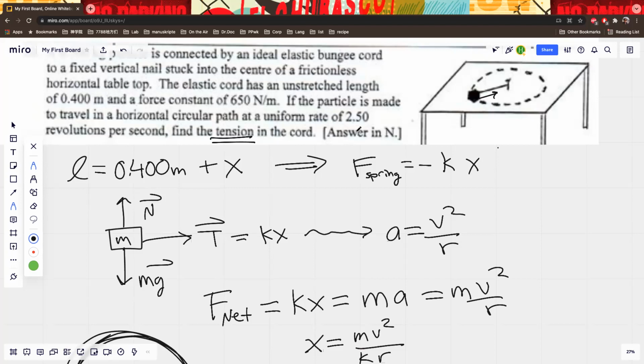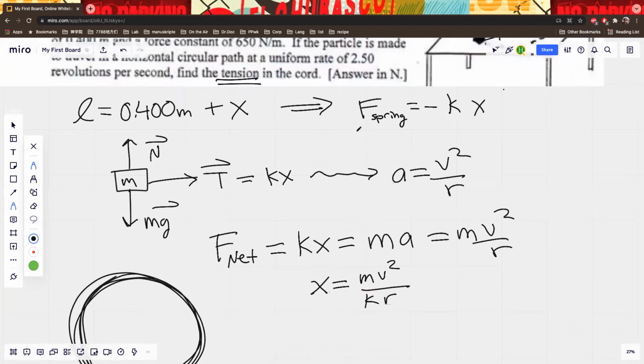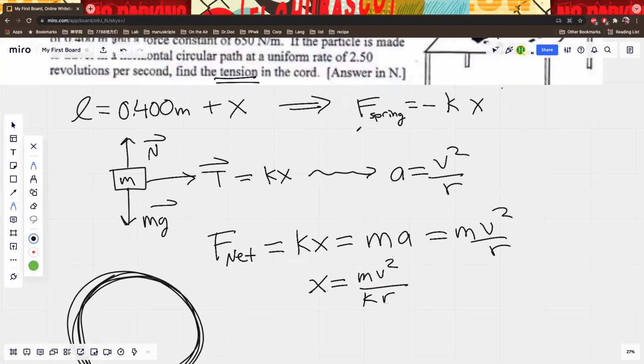Maybe you're better at the math than me. How many revolutions is it going to do in 5 seconds? So in 5 seconds, that would be 5 times 2.5. It would be 12.5, I think.